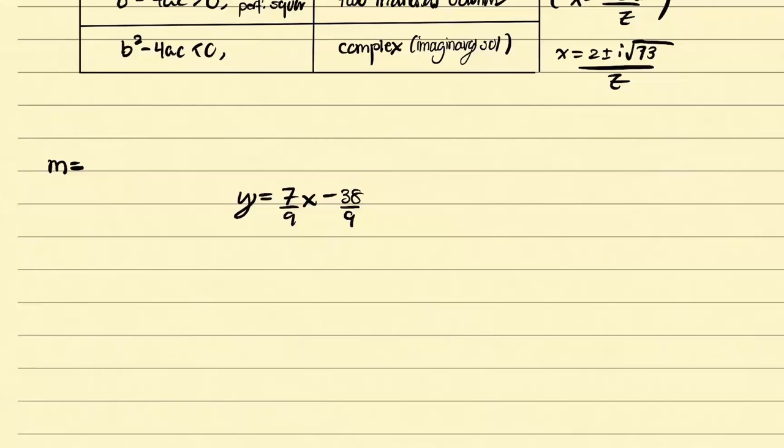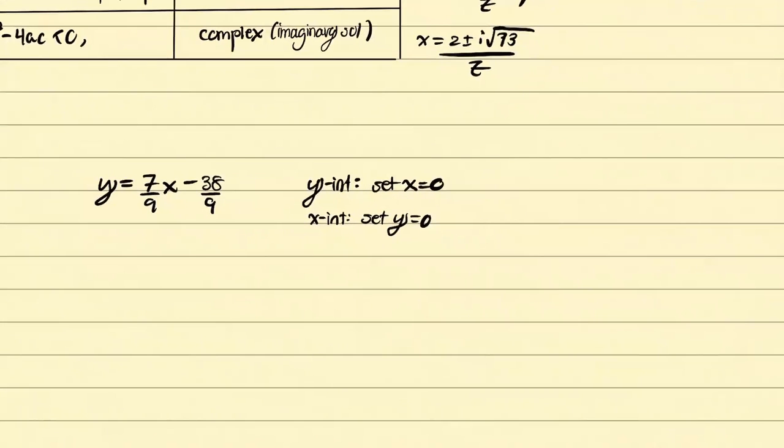To find the y-intercept, we're going to set the other variable, x, equal to 0. And to find the x-intercept, we're going to set y equal to 0. Whenever I'm trying to find an intercept of one variable, the first step is to set the other one equal to 0. If you think about this as a graph, the x-intercept is where y equals 0.